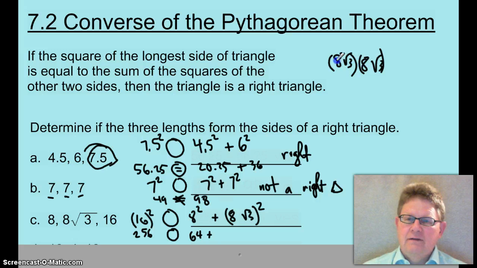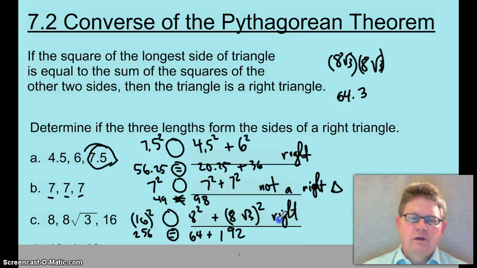So you've got the 8 times the 8, which is 64, and you've got root 3 times root 3, which is 3. So 3 times 64 is 192. And when you add those together, you get 256 equals 256. Hey, it's a right triangle. And that's how you use the converse of the Pythagorean theorem.